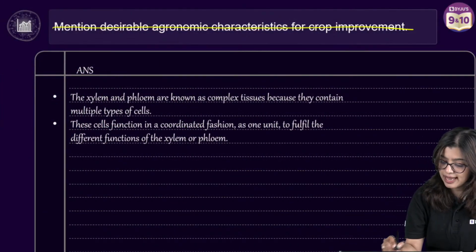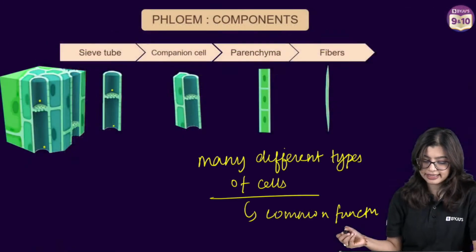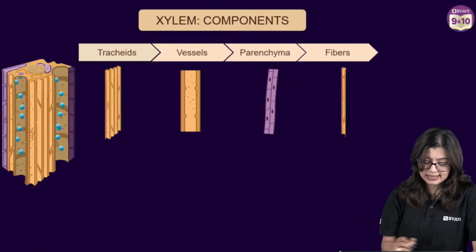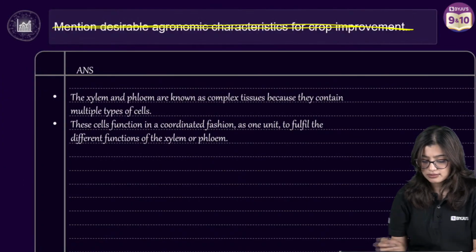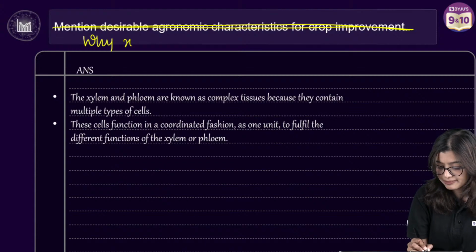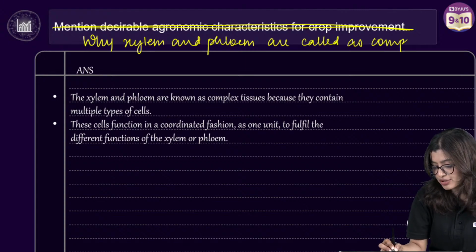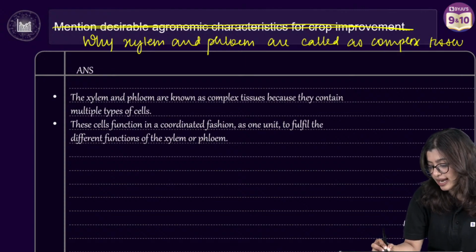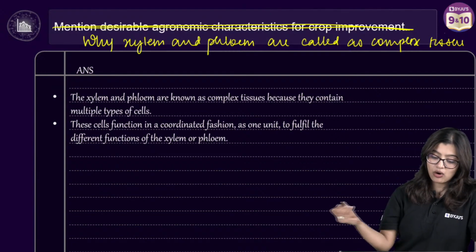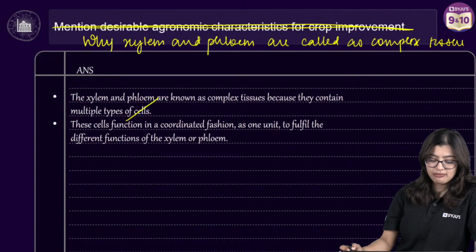So here the stem is wrong. Please don't mind. I'll rewrite it. So the question is asking us why xylem and phloem are called as complex tissues, right? So this is the answer. Xylem and phloem are called as complex tissues because they're made up of multiple cells.